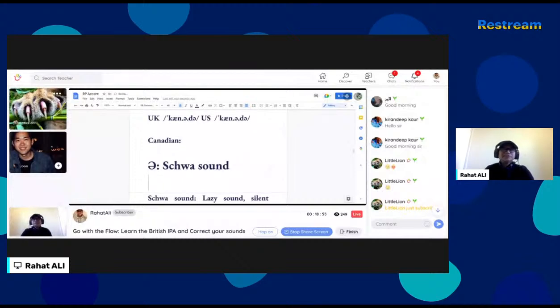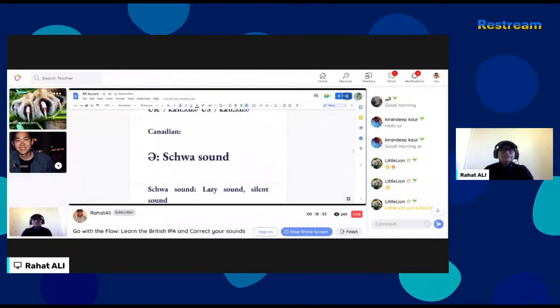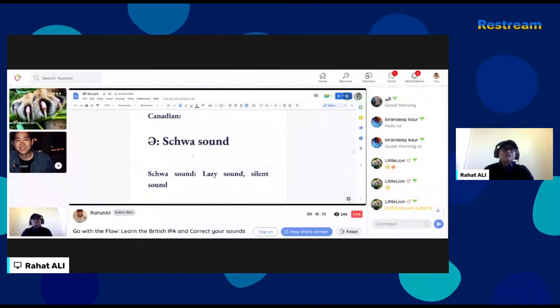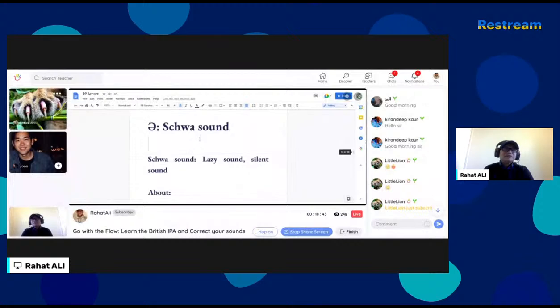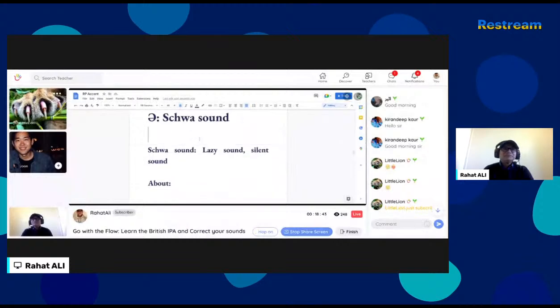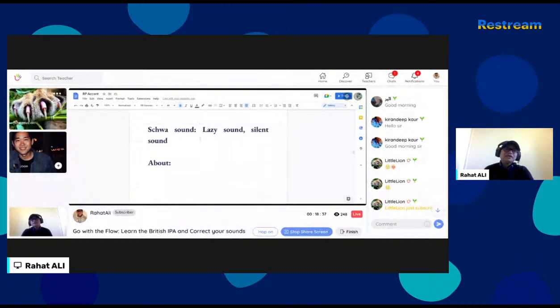I think it's around the 18th century from France. But this IPA is applicable for all languages, not only English, but today we are learning only for English. The impact of the schwa sound is amazingly prominent, and it has lots of effects on pronunciation, and you'll be surprised. I'll give some examples today with this word.